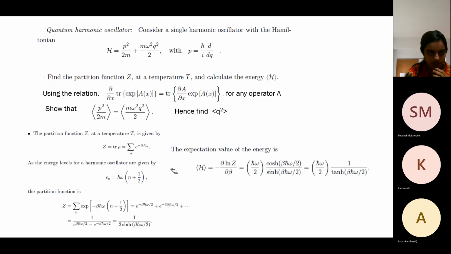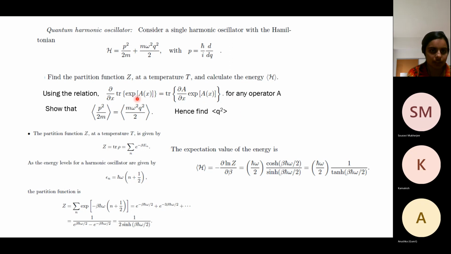Now the next part of the question. This is something which is always true: del x of trace of e to the power a is equal to trace of (del a by del x) into e to the power a, for any operator.